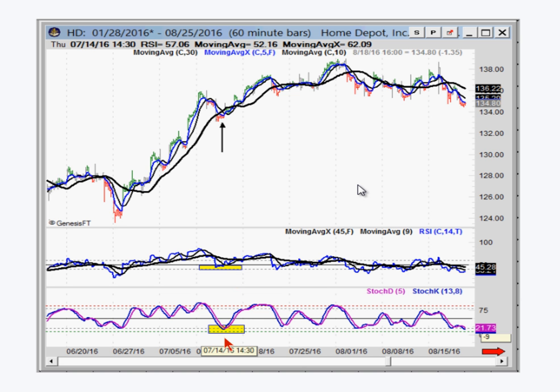At the same time, insist on stochastic being in the oversold area, and then possibly right here, you see a morning star formation, a bullish engulfing pattern, a three inside up formation, some type of bullish candlestick formation to confirm that the counter trend move is complete and the larger uptrend is back in force.